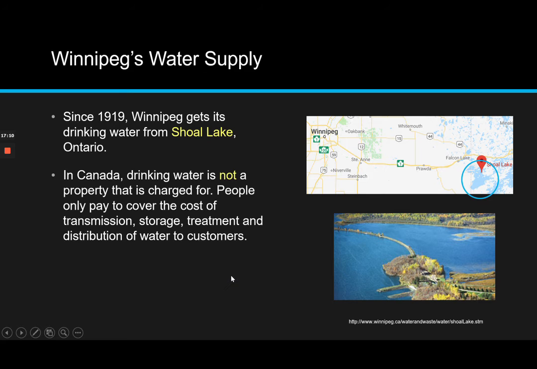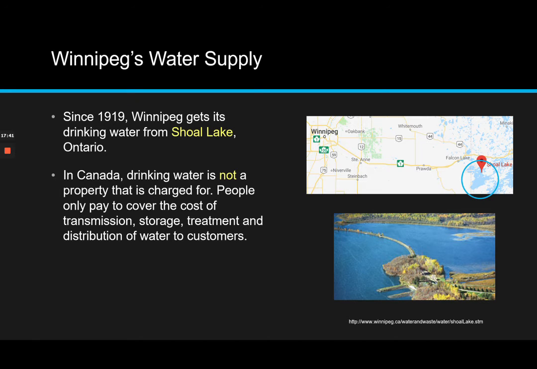One of the reasons that particular site was picked is because it's at a higher elevation than the city of Winnipeg. So water drains down due to gravity, which cuts down on cost for the city. In Canada, drinking water is not charged for. We don't charge people for water.